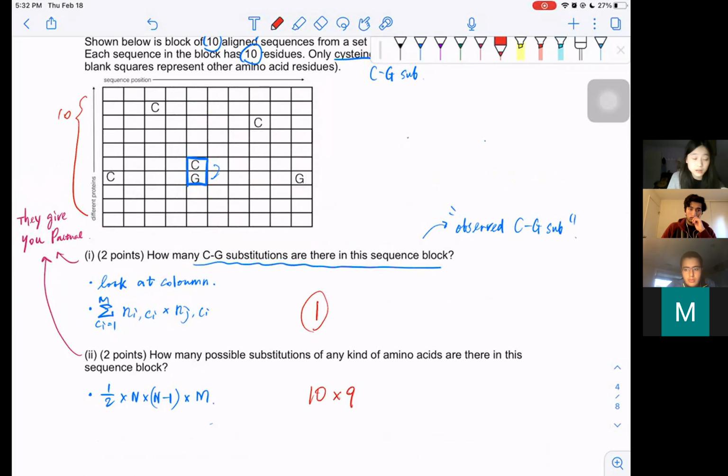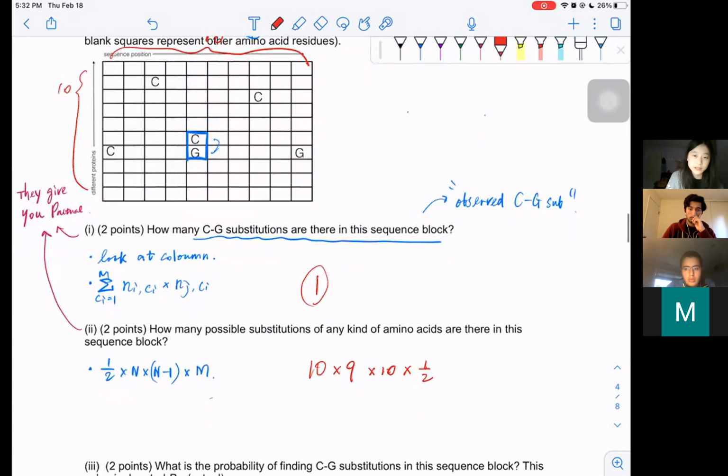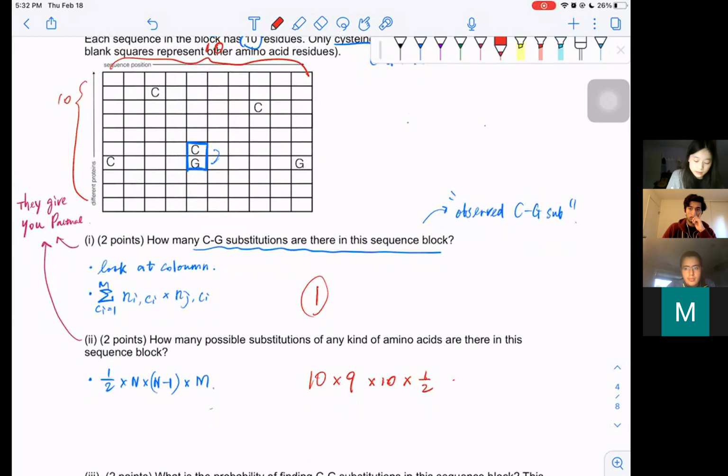And there are 10 columns in total. And because the order doesn't matter, we need to times 0.5, divided by 2. So that gives you the answer.